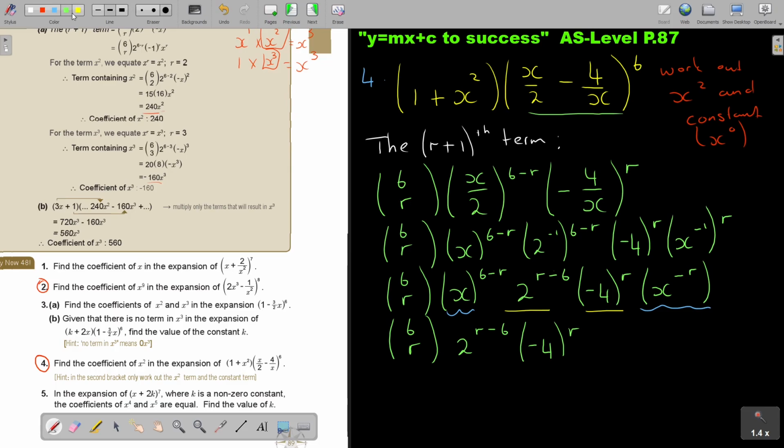So basically, I'm just going to make x^(6 minus r minus r), so it's x^(6 minus 2r). And this is actually the term I was looking for. Because if I want to have the x, I'm actually saying for the term in x^2, okay, what color will I use?